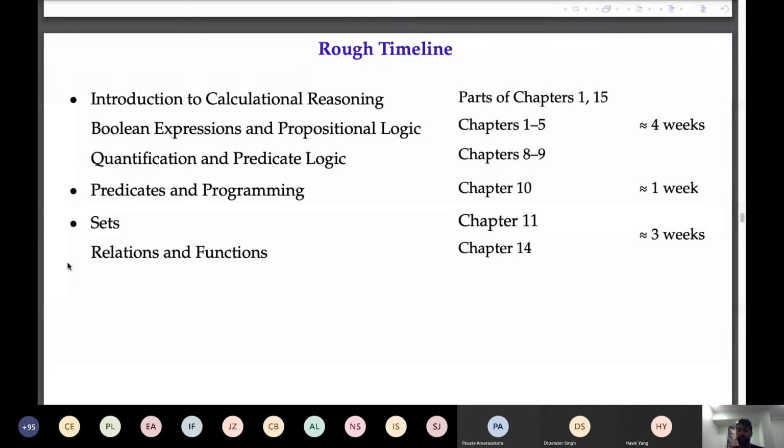Then we'll get to relations and functions. So functions are great. You take an input and return an output. But in real life, especially in programming, you have non-deterministic computations. So instead of saying, I want the best ice cream you have, you say, I want an ice cream.